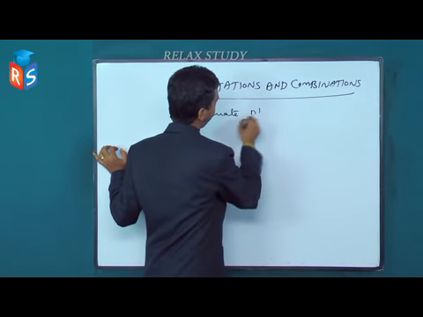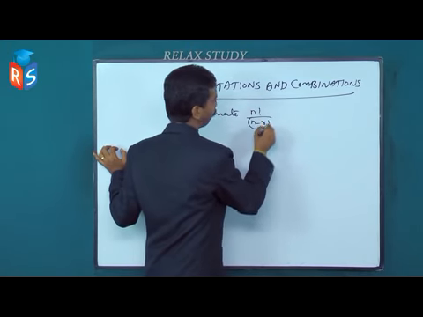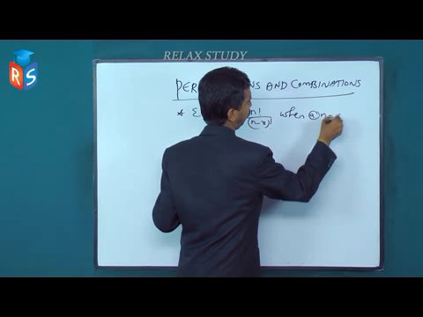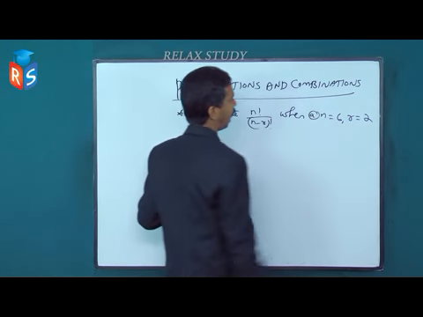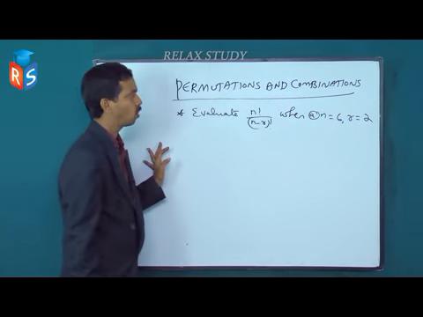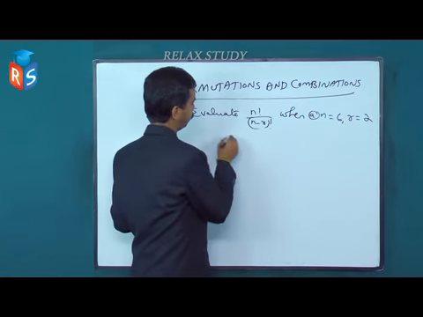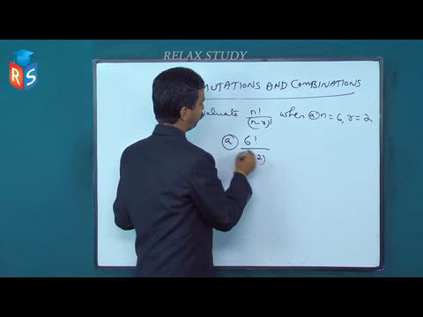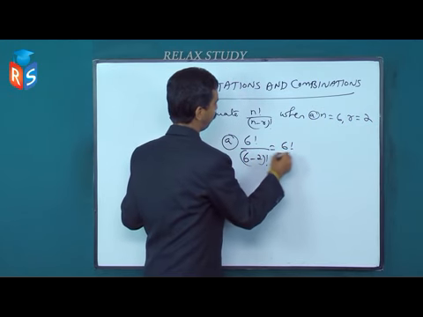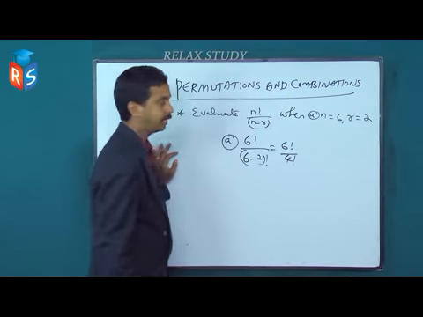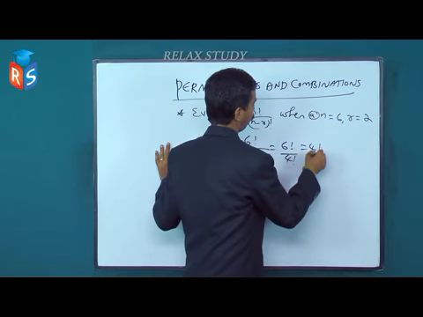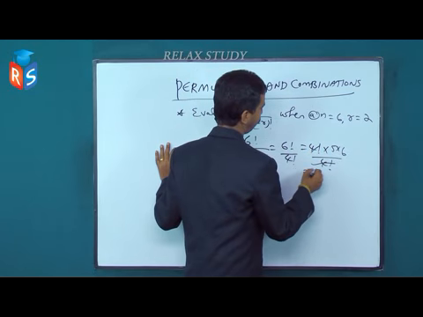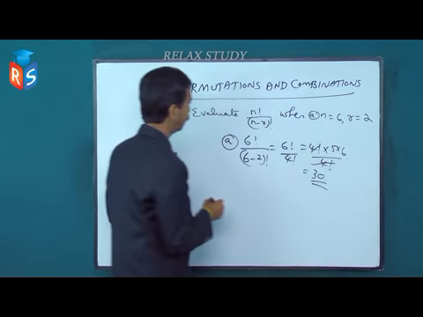Substituting the values here, 6 factorial by 6 minus 2 factorial, that is 6 factorial by 4 factorial. Simplifying, we get 4 factorial into 5 into 6 by 4 factorial. So the answer is 30.